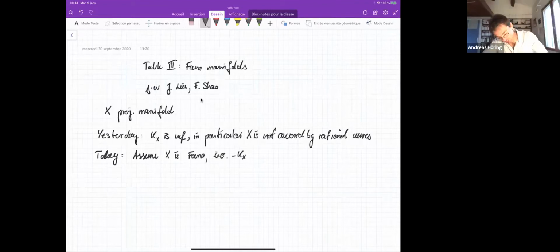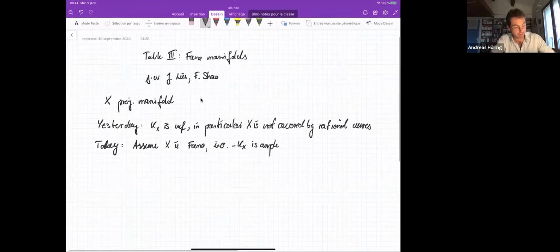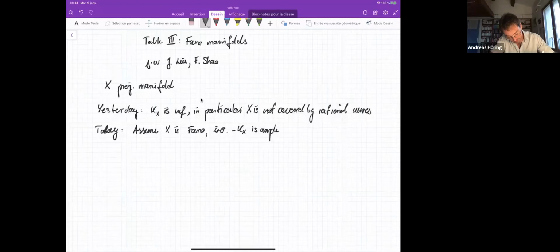Compared to yesterday, we're in a much better situation from the start, in the sense that much more is known about the tangent bundle for Fanos. Certainly we know that if you have a Fano manifold, then the tangent bundle T_X is somewhat positive, in the following sense.